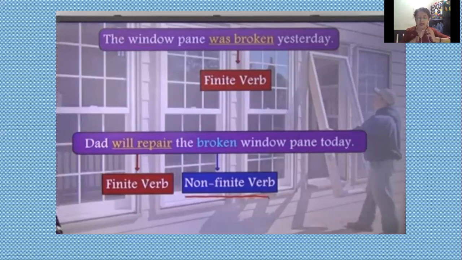I do not like burnt toast. Oh my God, who likes burnt toast? Tell me that. Nobody likes burnt toast. So here burnt is what? Burnt is non-finite. Nobody likes is a finite verb.